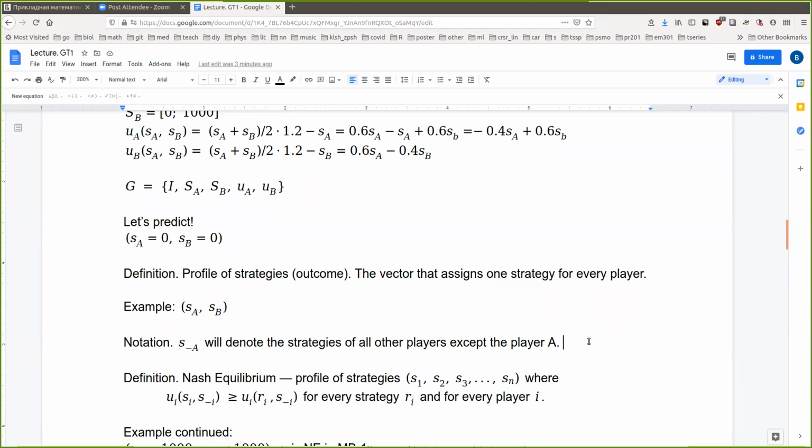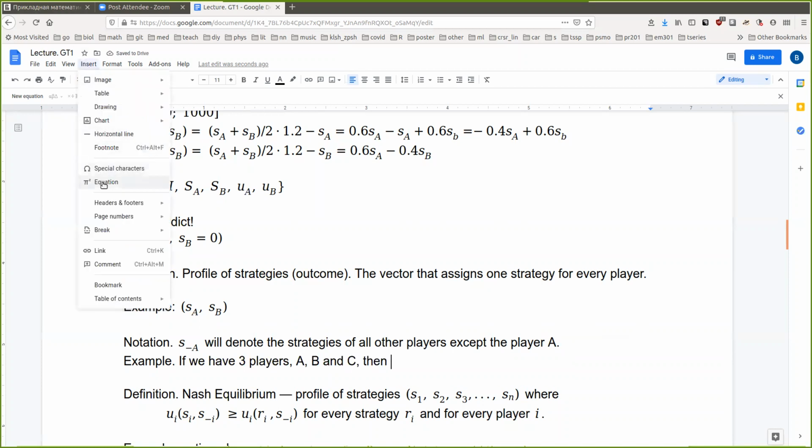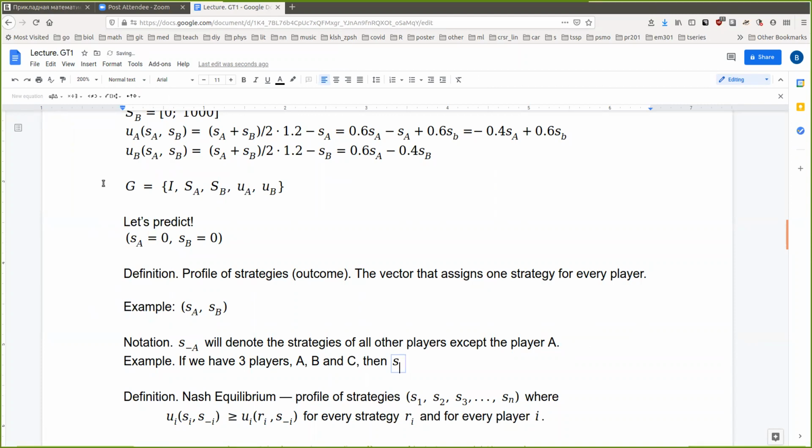But when you have three players, A, B, and C, then by S minus A we denote SB and SC.